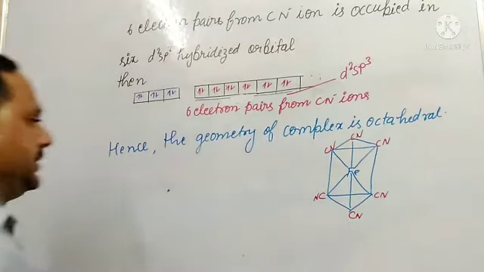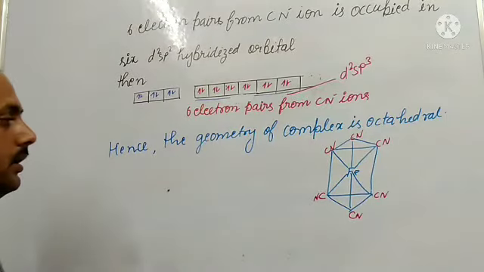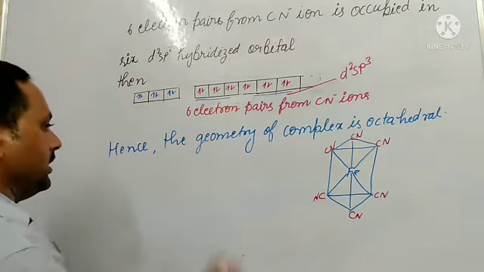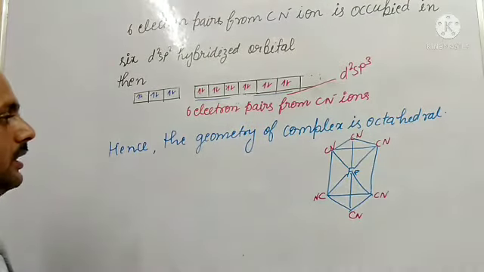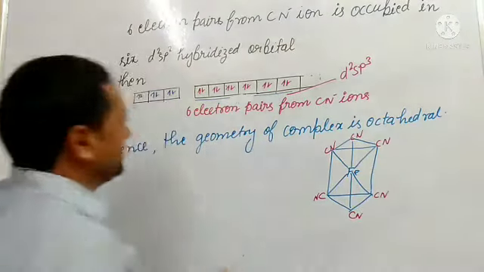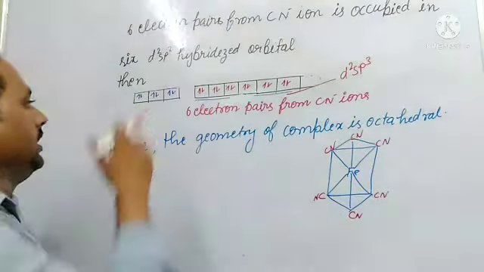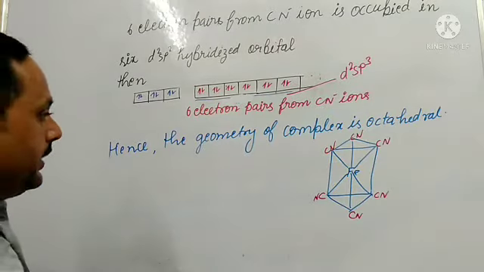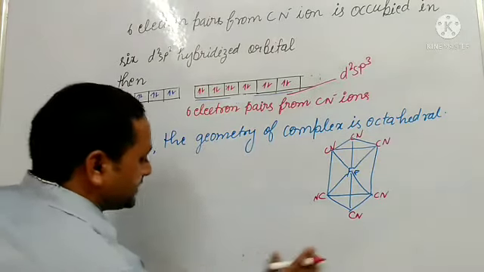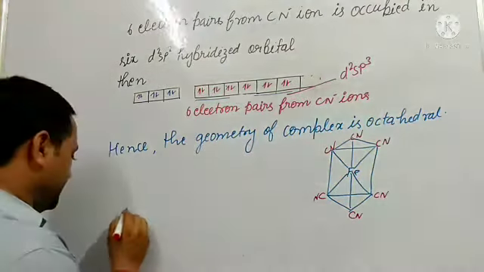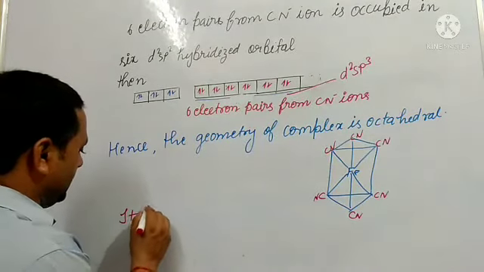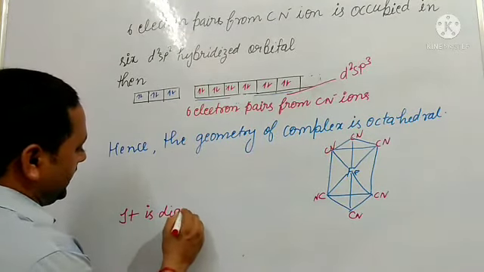Okay, this is an octahedral complex. This is the geometry of this. Here we can say it is inner orbital octahedral, because it has used n-1 d orbitals. And it is diamagnetic in nature.